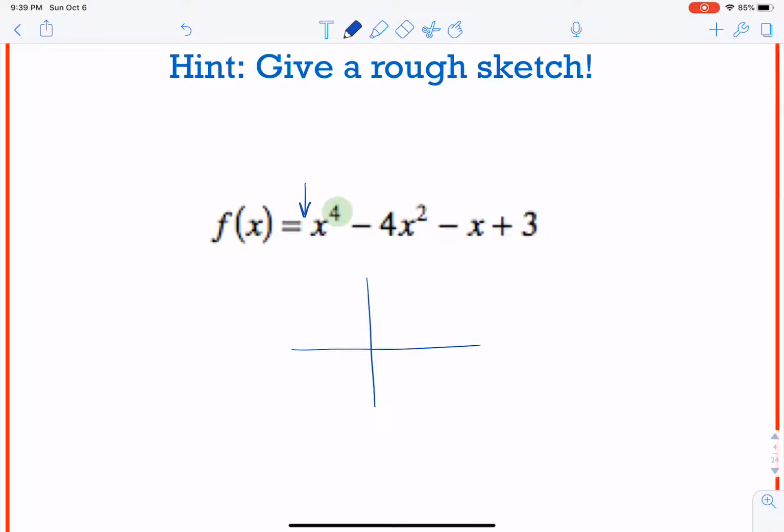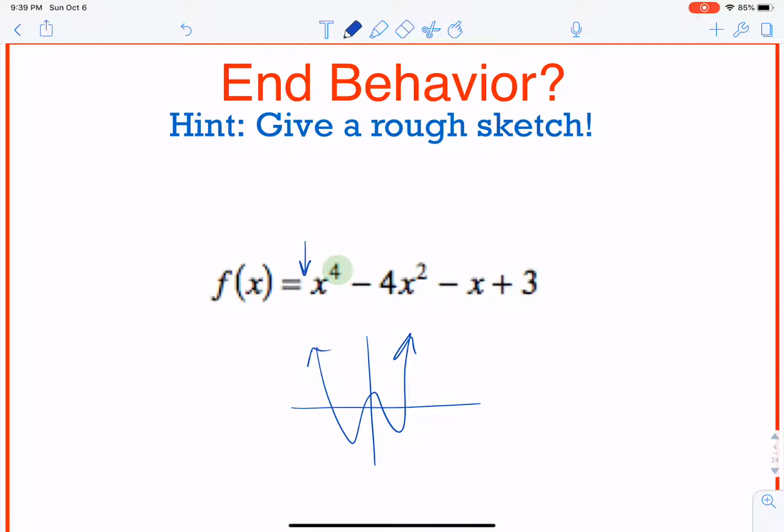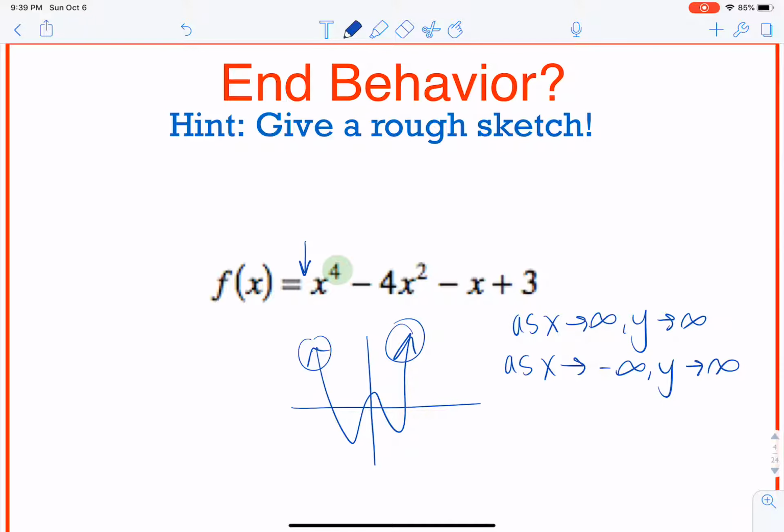I know that this could potentially cross the x-axis 4 times, so a really rough sketch of this would look something like this. Since we're just asking for the end behavior, we're just going to say that as x approaches infinity, y approaches infinity, and as x approaches negative infinity, y also approaches infinity. So there's the end behavior just by looking at that function.